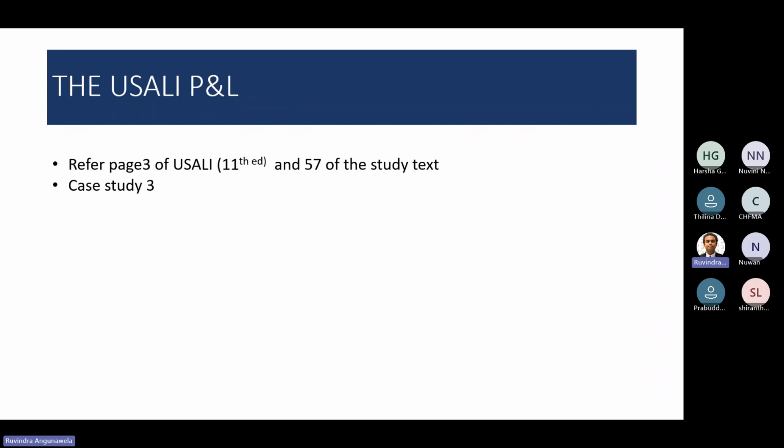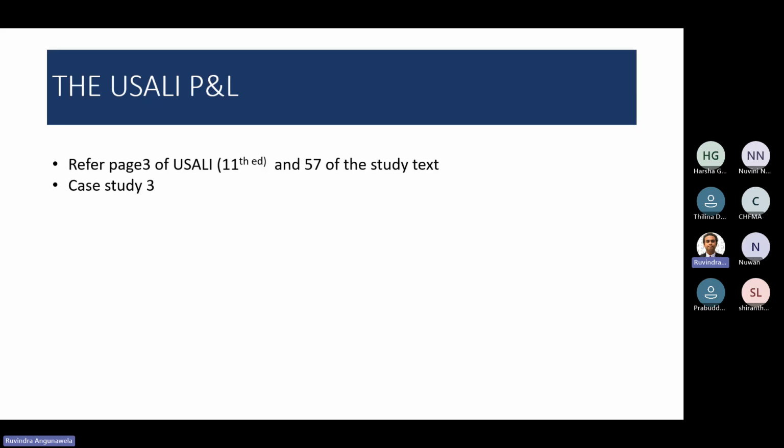So a couple of things to note here. The latest version that is out there for now, at least freely available for us to review or view, is the Usali 11th edition.